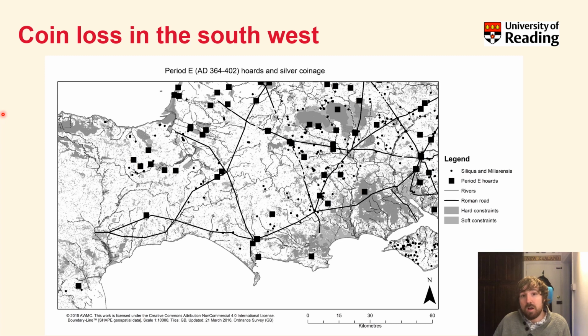The dots are late Roman silver coins and the squares are late Roman coin hoards. At the time I noted that there was an interesting concentration around about Taunton, but also by the River Parrett, which has been suggested as being a boundary in the late Roman period by Roger Leach.